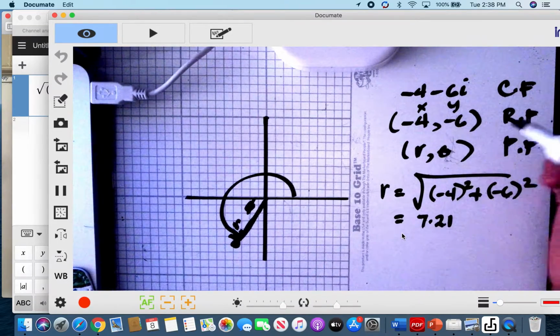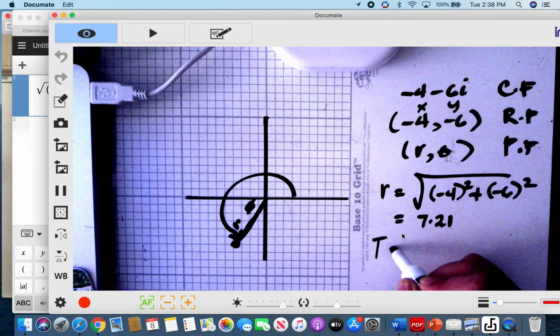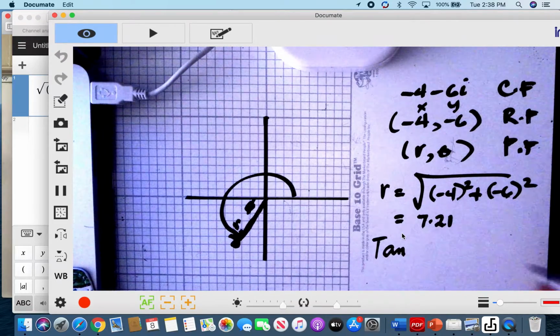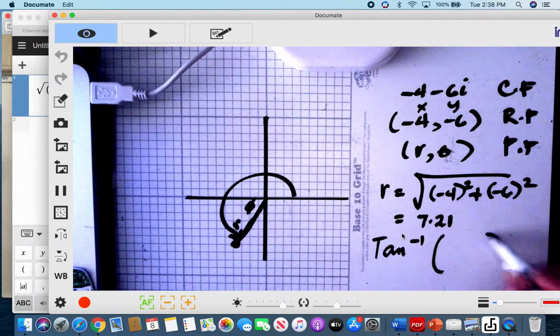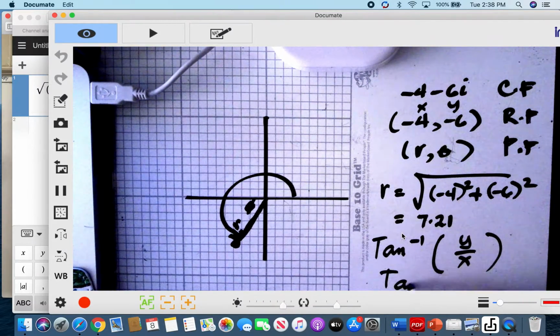So we need to solve our angle, and we can only do that if we have tangent raised to negative 1 of y over x. And of course, our y is negative 6, and our x is negative 4. Okay?